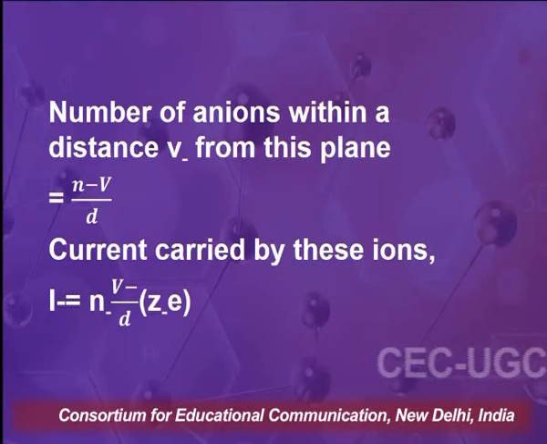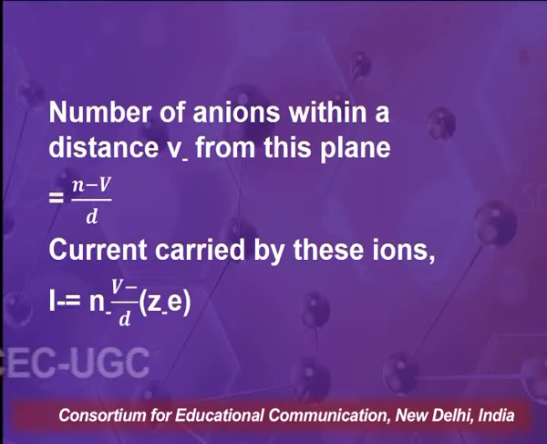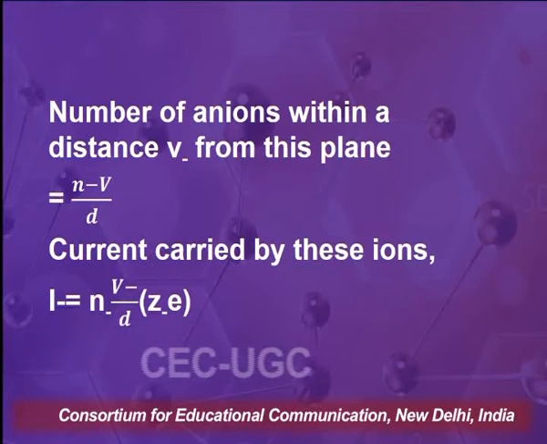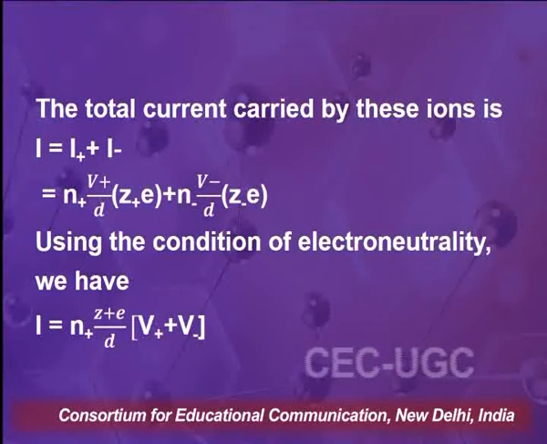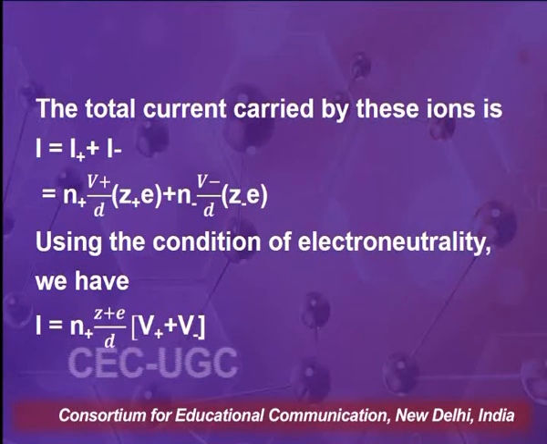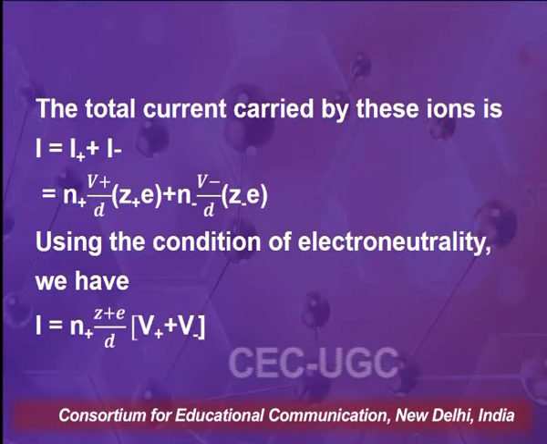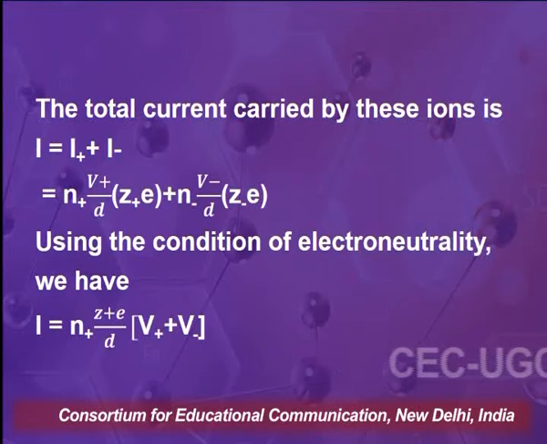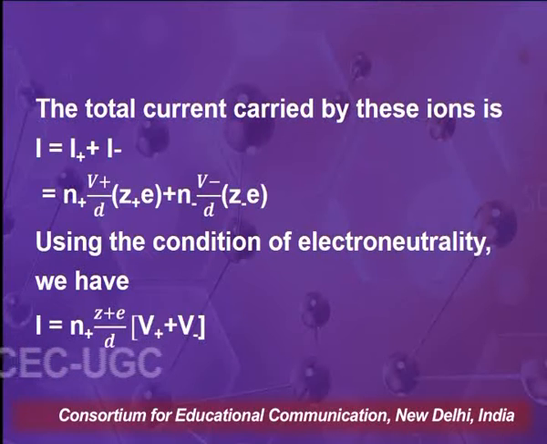Current carried by these ions, I minus, is equal to N minus V minus by d into Z minus e. The total current carried by these ions is the sum of I plus and I minus: N plus V plus by d Z plus e plus N minus V minus by d Z minus e.